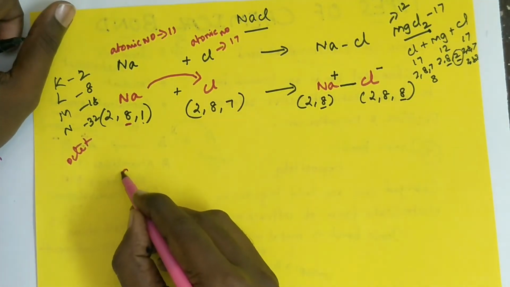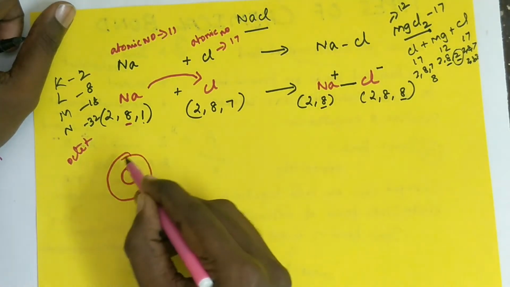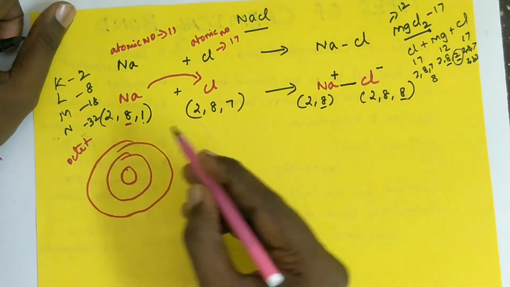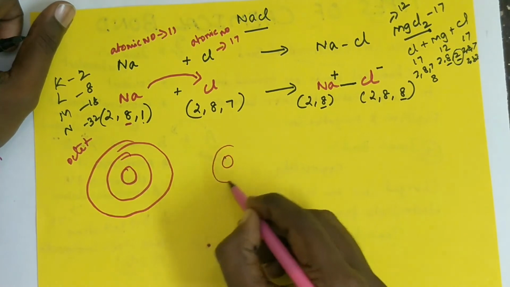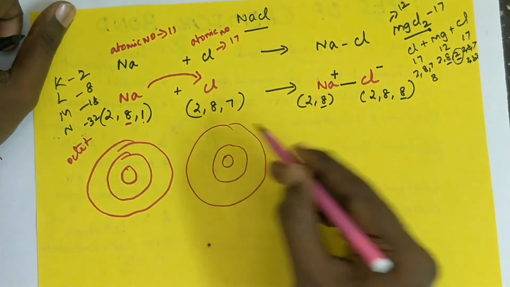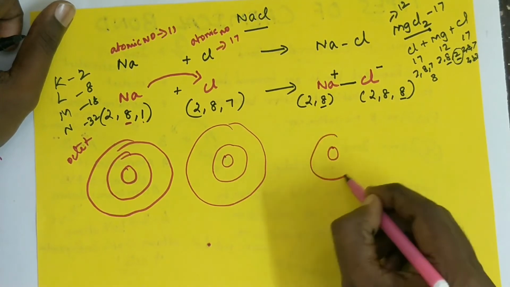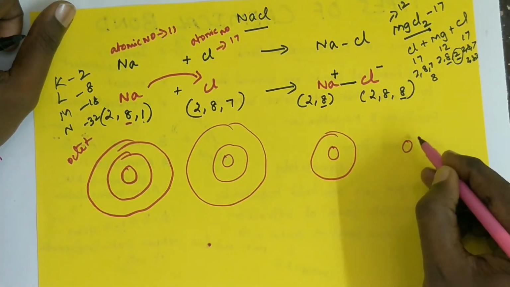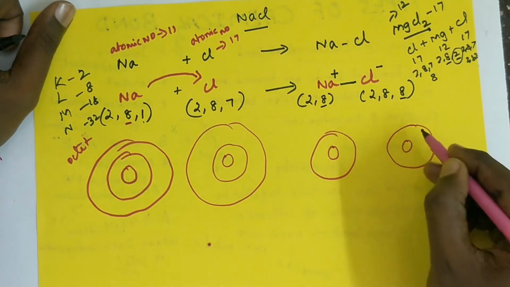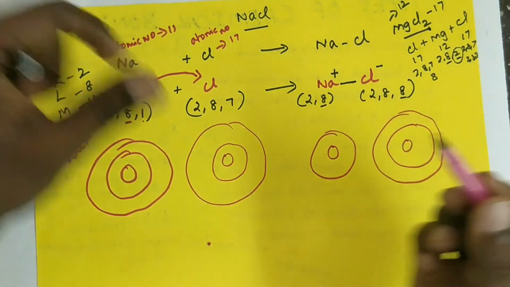Already we know K shell, L shell, M shell. In this case, sodium has K shell, L shell, M shell, and chlorine likewise.